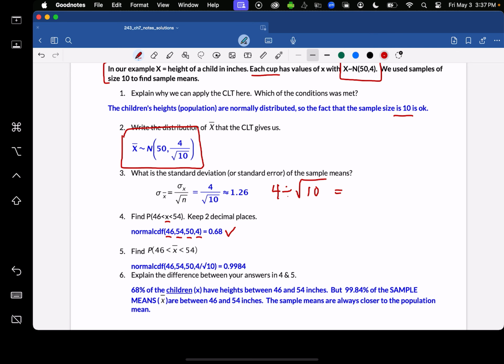And then what is the probability that the sample mean is between 46 and 54? So notice that these are two different questions.